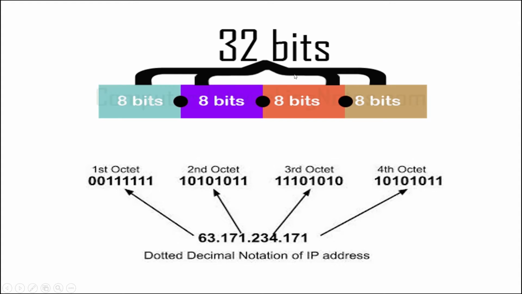So the total number of bits is 32. We call one 8-bit part an octet. So guys, on my screen you can see there are 4 octets in an IPv4 address: first octet, second octet, third octet and fourth octet. And you can also see an example for this.